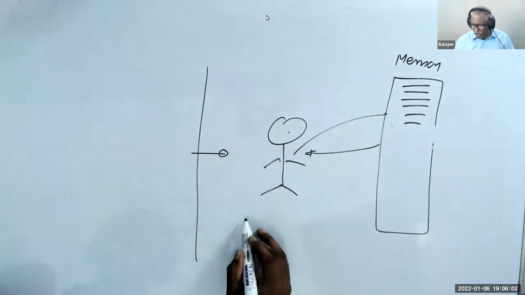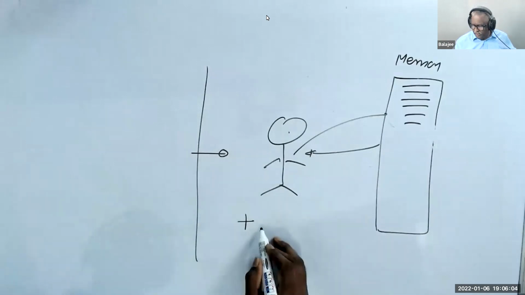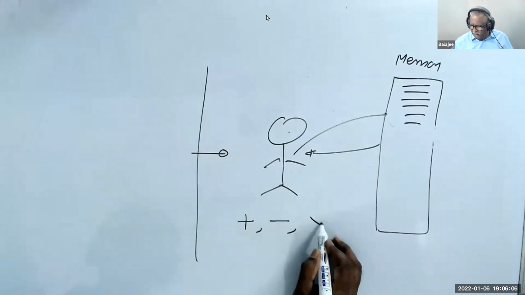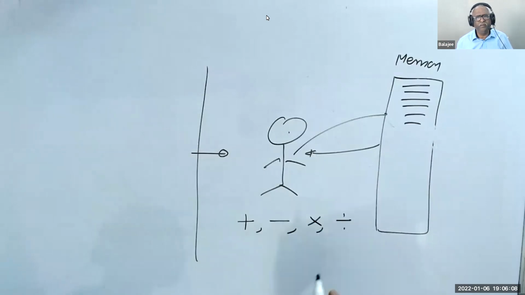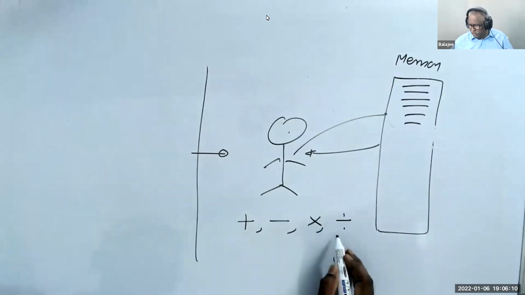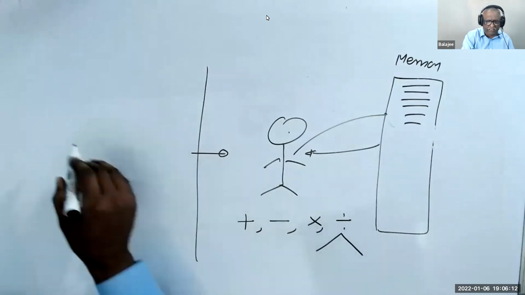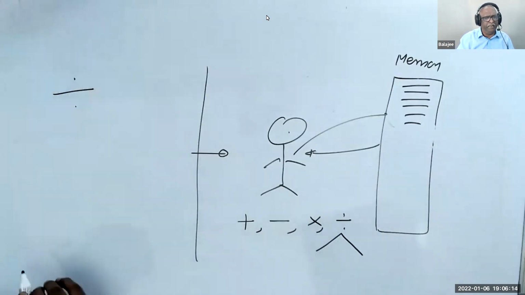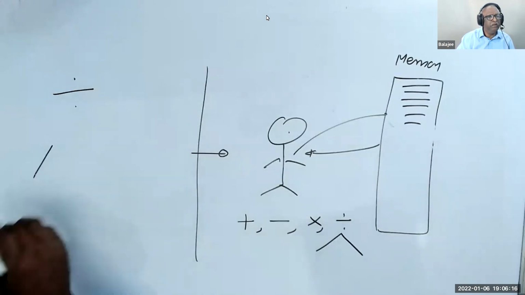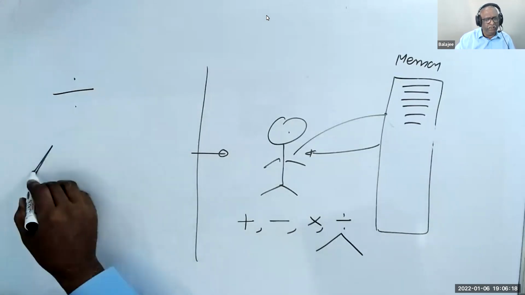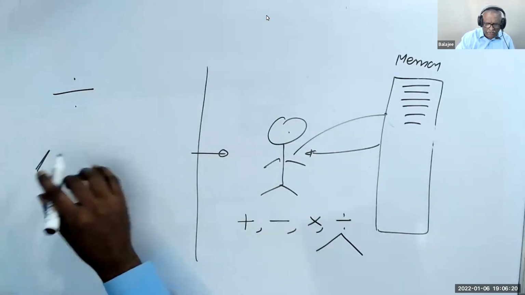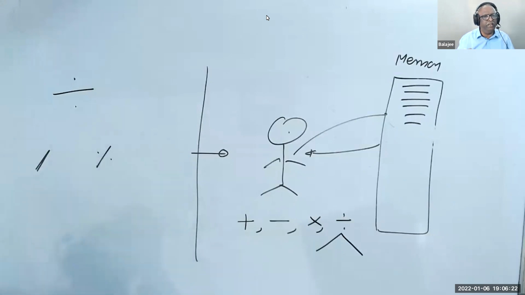The second ability: let us assume very small operations. He can do addition, subtraction, multiplication, division. In division, he does two types of operation: one is the quotient, the other is modulus or remainder.